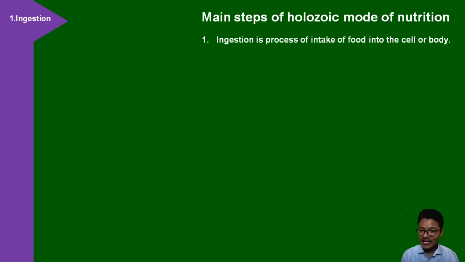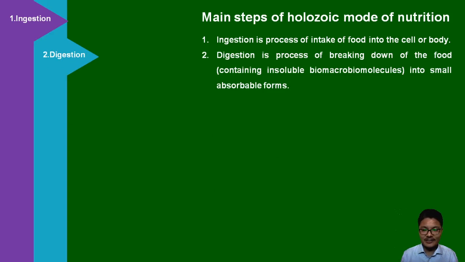So in our body, if we take in food, that is called ingestion. Second, digestion. Digestion is a process of breaking down of complex food substances or insoluble biomacromolecules into simple absorbable forms, or simpler soluble forms.